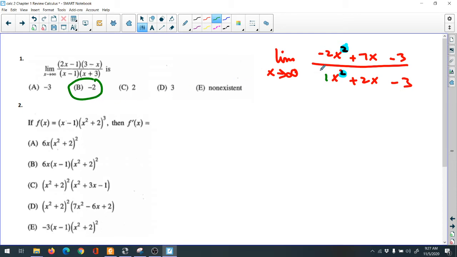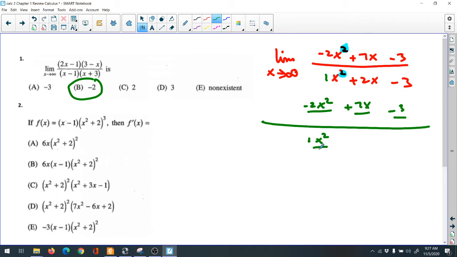And again, let me repeat here for some of you. Negative 2x squared plus 7x minus 3, over 1x squared plus 2x minus 3. All we have to do here is just divide by the maximum exponent, x squared, each term.